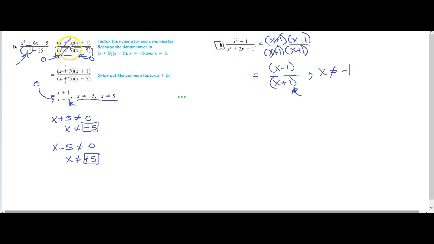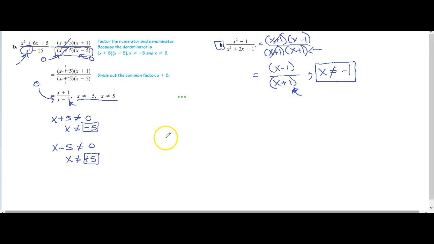And unlike this one, where when you look up to when you were simplifying, you have x plus 5 and x minus 5 in the denominator, and therefore you had to have x not equal to -5 and x not equal to +5. You can see here that both of the expressions are x plus 1, and that's why there is only one number that you exclude, not both. x is not both +1 and -1 for this question.